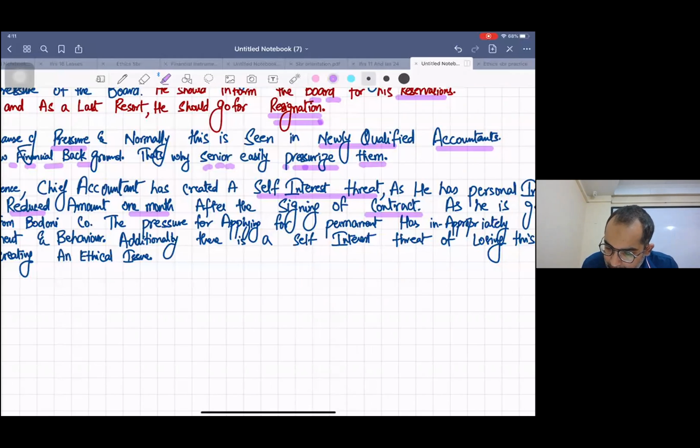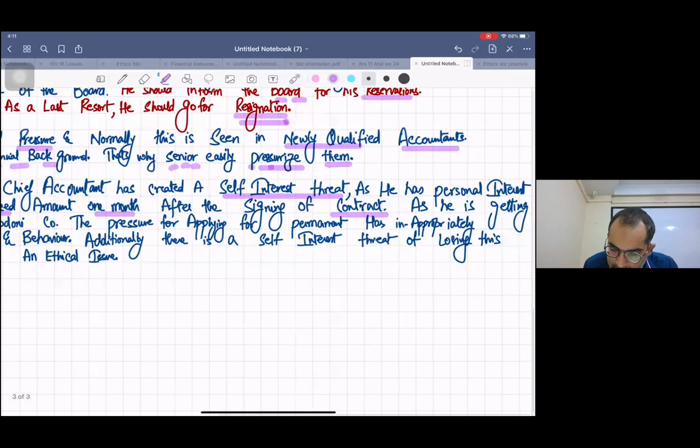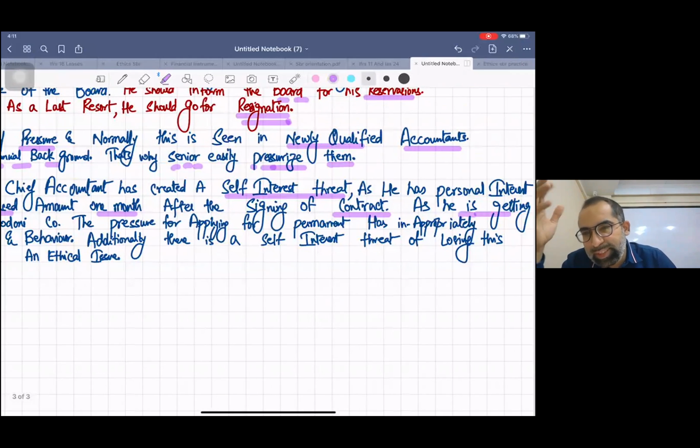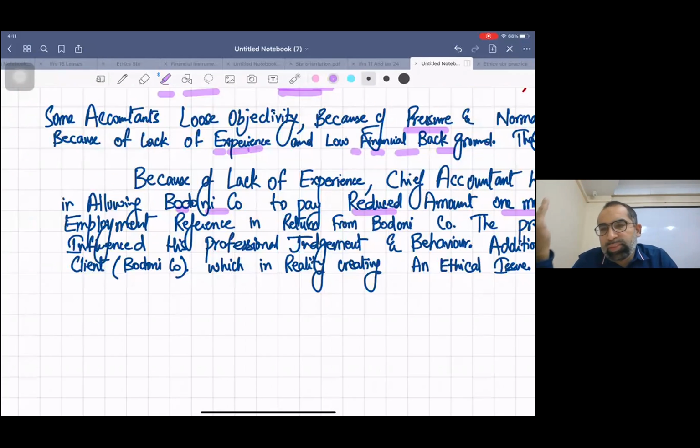Now, as he's getting an employment reference in return from Badoni company, the pressure of applying for a permanent job has inappropriately influenced his professional judgment and behavior. See, now he's not acting professionally because he is under pressure. There are two pressures. The first pressure is that he wants to grow. The second pressure is he thinks that if he does not allow this extension of credit, the customer will run away.